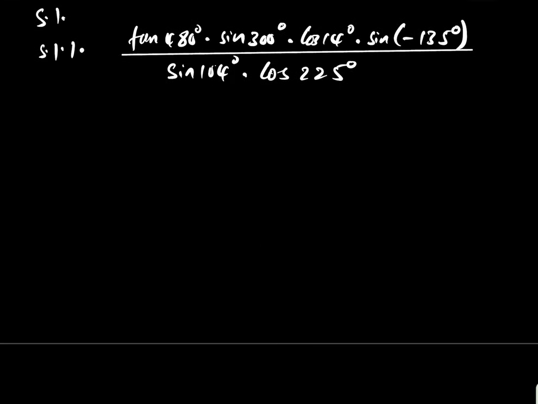First things first, I'm going to make sure that I rewrite my angles in a manner that I'm going to be able to do the reduction. In this case, I have 480 degrees, which is basically a revolutionary angle.